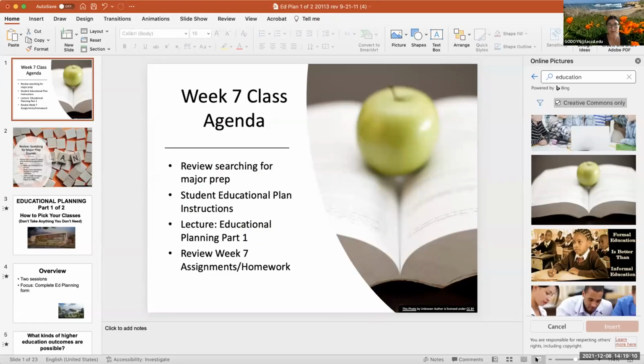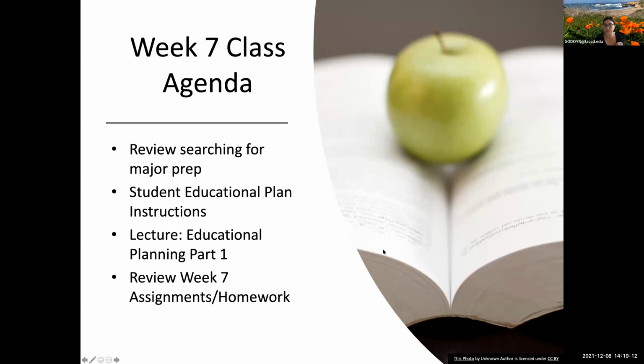Okay. So the agenda for the class: first we're going to review how to search for major prep depending on your educational goals. We're reviewing what you were supposed to complete for your discussion last week. This will be your opportunity to ask questions, and we're going to be doing it live together so that we all understand it.